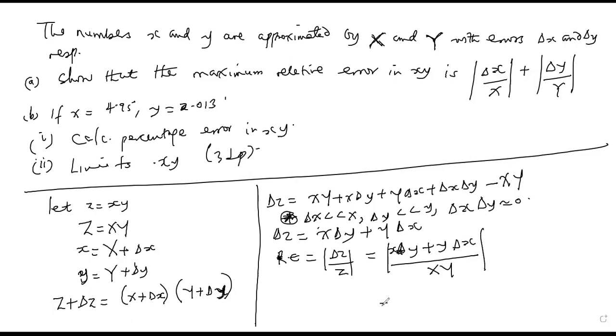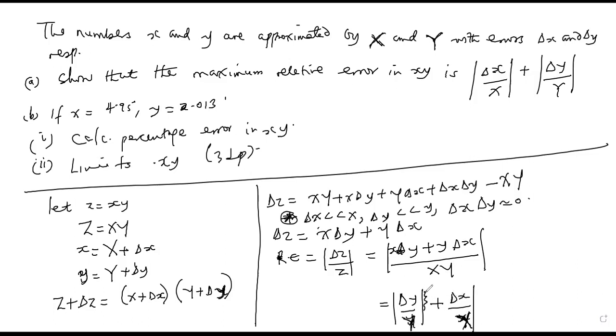So this is going to be equal to, you divide X delta y over XY, it will give you delta y over Y, plus this one will give you delta x over X, actually over capital X. This is capital Y. So that is what you would have.